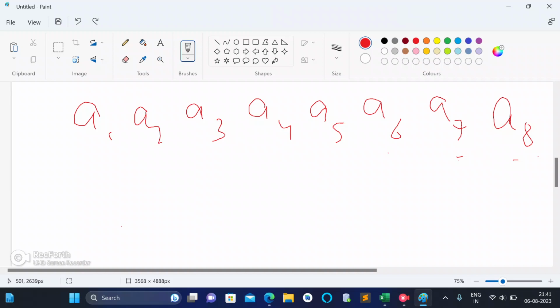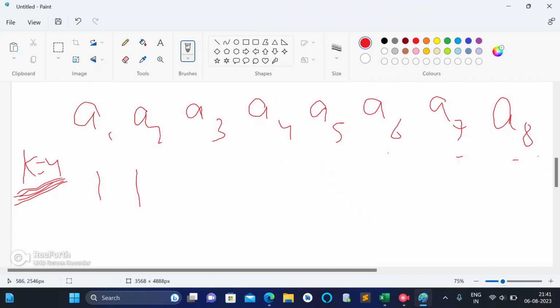So this array is given to us. We are given 8 integers, and the number of friends given to us is 4.